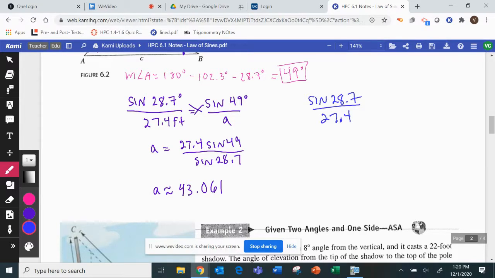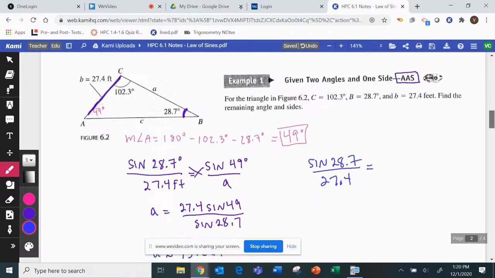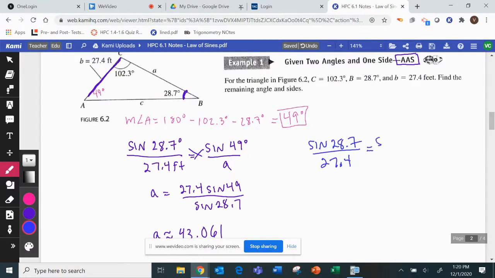I don't always trust angle A, because I make silly mistakes all the time, as you all know. So I'm going to use the one that was for sure given to me, and then we're going to do the sine of 102.3 divided by little c. Cross multiply.